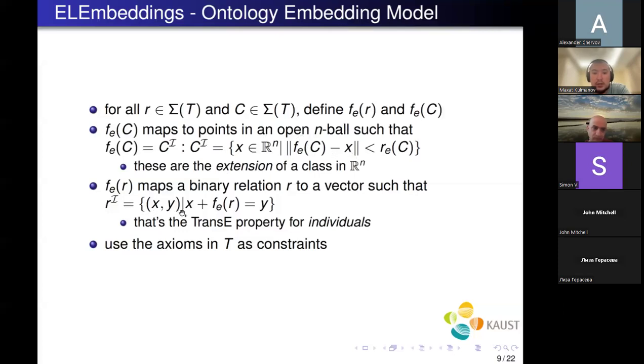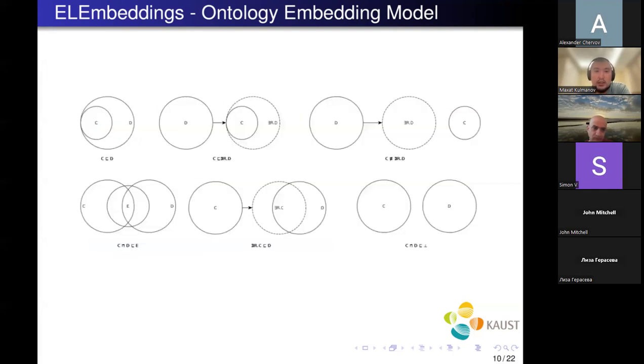So we used the TransE property to model the relations between ontology classes, and we came up with EL embeddings for ontologies that use the description logic EL, which we could normalize into 4 different forms of axioms, like C subclass of D, or C subclass of exists R.D. The 4 normal forms are: C subclass of D, C and D subclass of E, C subclass of exists R.D, and exists R.C subclass of D. We came up with 4 different loss functions.